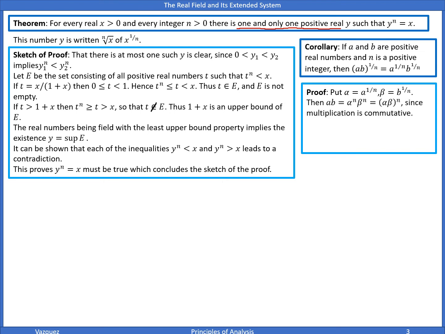Well, now what happens if we just multiply a times b? Well, ab is equal to alpha to the n times beta to the n, which is equal to (alpha times beta) to the n, since multiplication is commutative. And because the theorem we just proved gives us uniqueness, we can conclude that (ab) to the 1 over n is equal to alpha times beta, which is equal to our desired result.